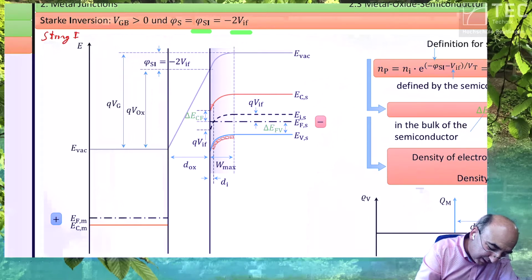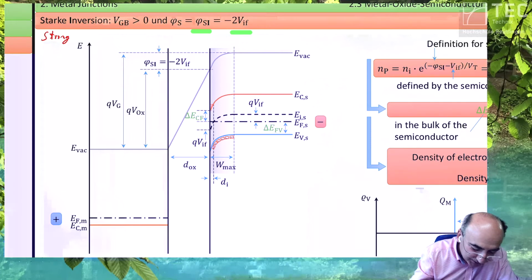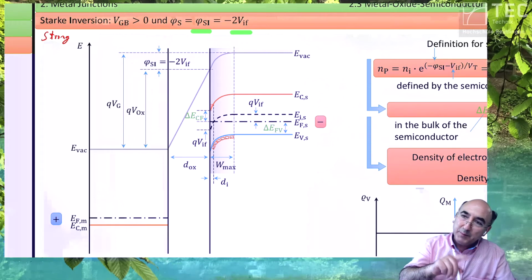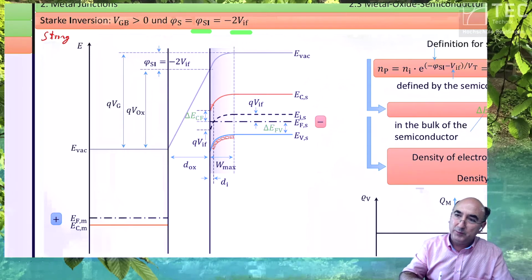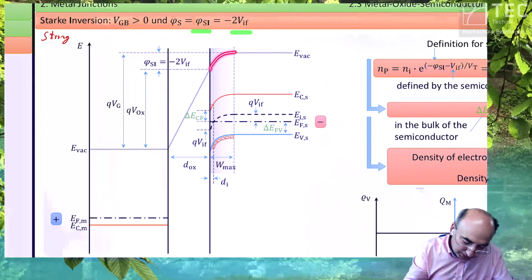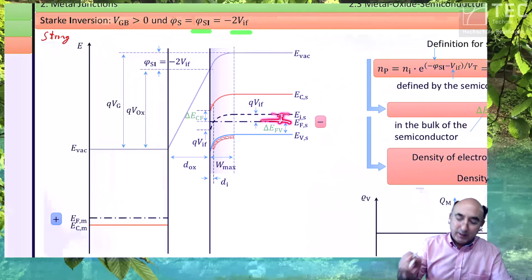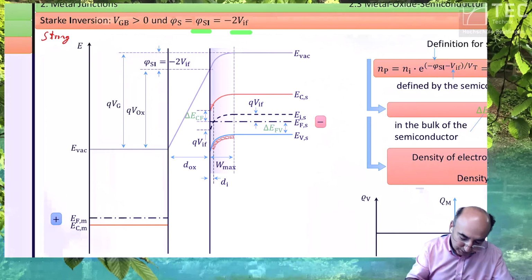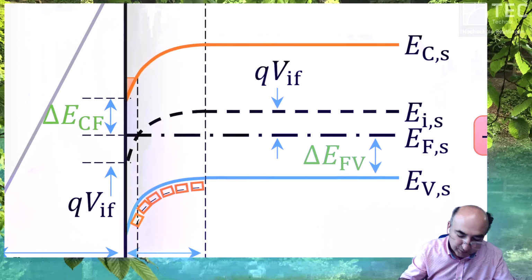Strong inversion. Okay? What that means will be explained now, but now, just the definition. The bending at the surface is 2 times the value between intrinsic level and the thermal level. And if this occurs, you have a strong inversion. Now, what does that mean? It's very simple.